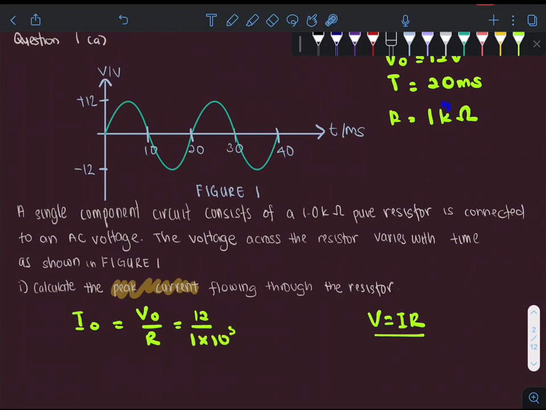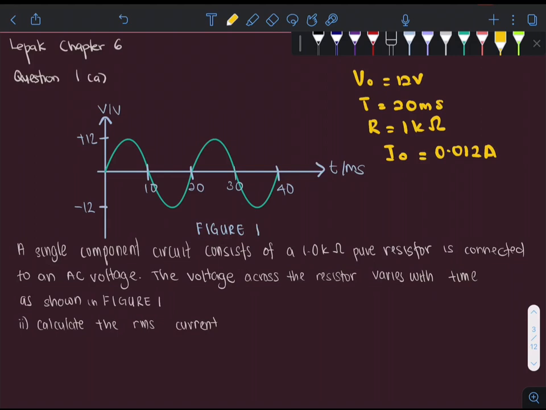Remember this is the prefix, 10 to the power 3. Then we press our calculator to get the answer for I0, which is 0.012 ampere.